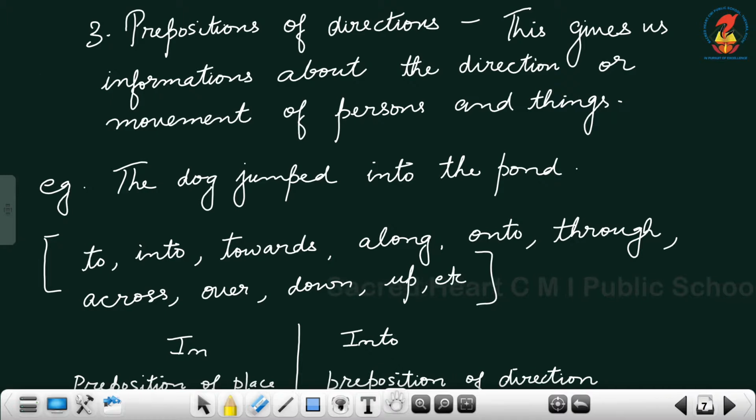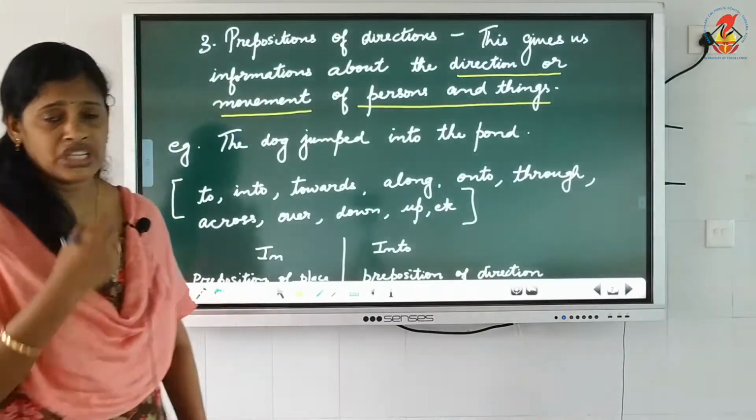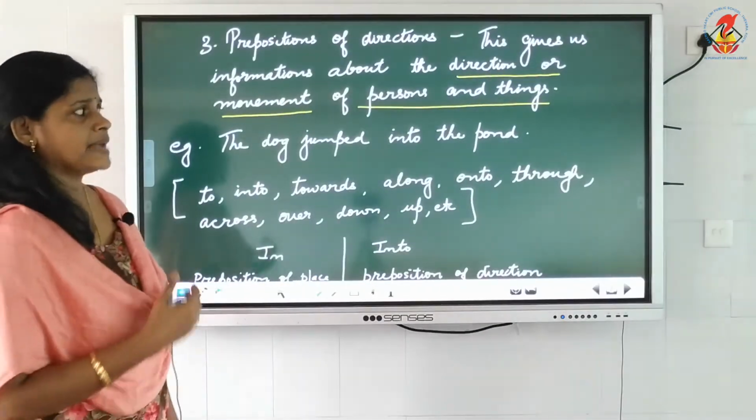Okay? Now, what are prepositions of direction? Prepositions of direction give us information about the direction or the movement of a person or thing. In which direction did that noun or pronoun move? In which direction did that person or thing move? Let's see an example.